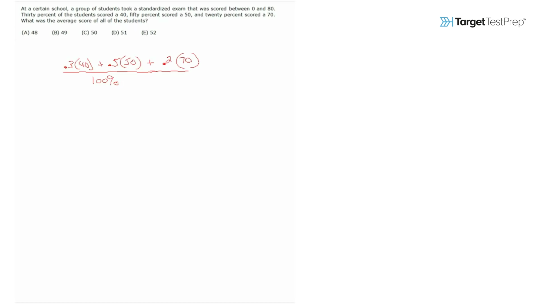And if we do that out, we get 12 plus 25 plus 14, so 25 plus 26, which is 51. So again, if you wanted to plug in a real number for the group of students, you could have. You literally could have plugged in any number that you want, but you would have gotten the same answer. So I always prefer, if I don't have to plug in a real number, I don't want to use it.